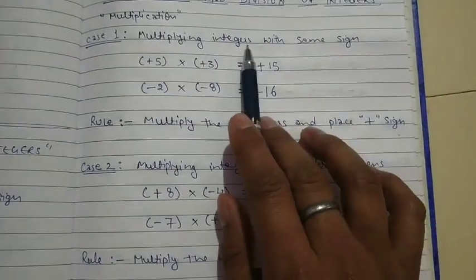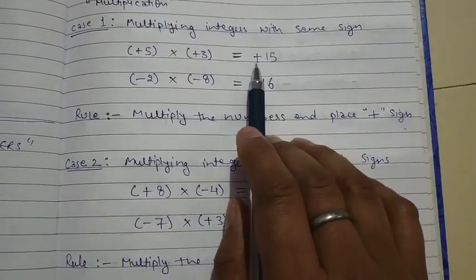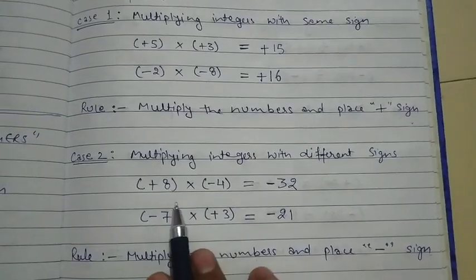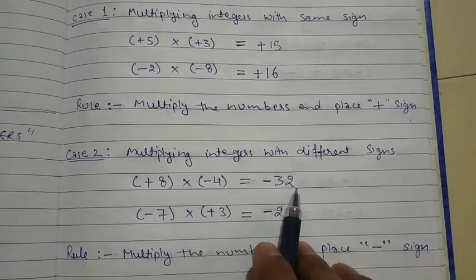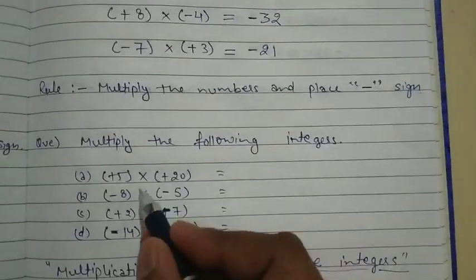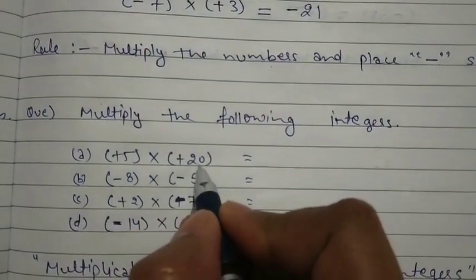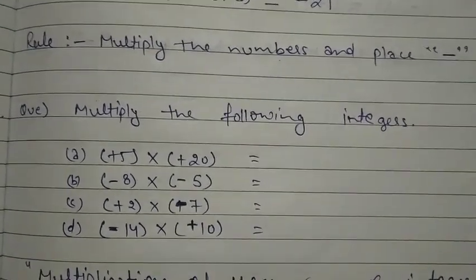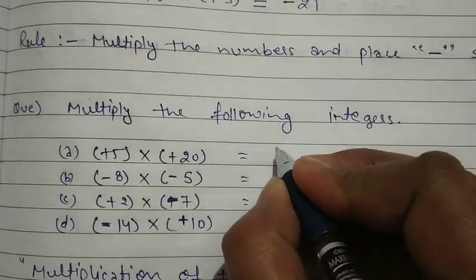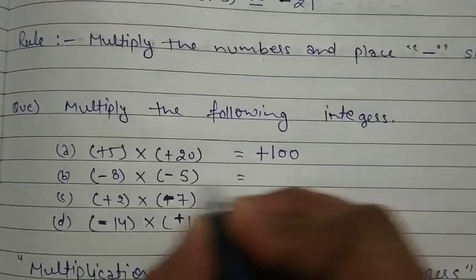If integers are with the same sign, we will multiply and put the plus sign, and if they are of different signs, we will multiply and put the minus sign. Let's solve some more questions to understand. Here plus 5 into plus 20, both are positive integers with the same sign, so 5 20s are 100 and this will be plus 100.